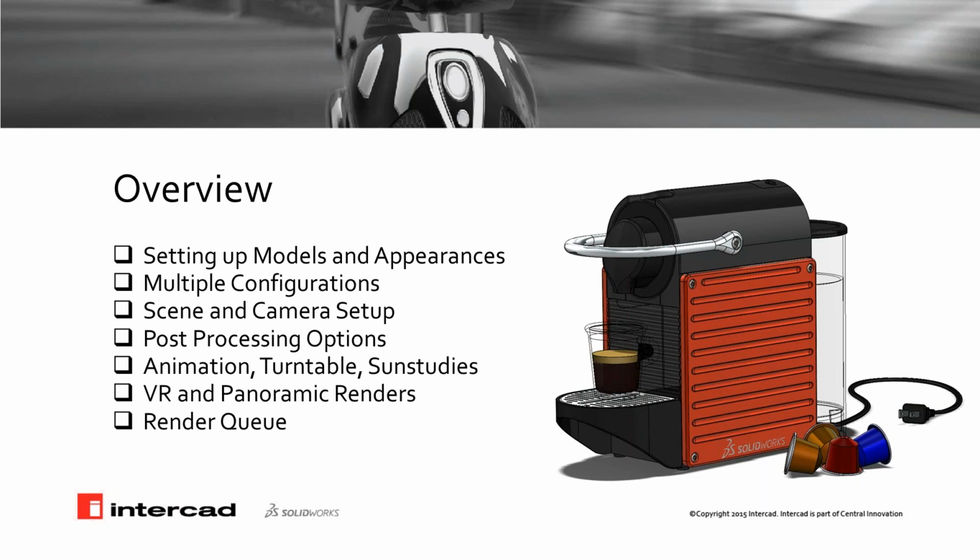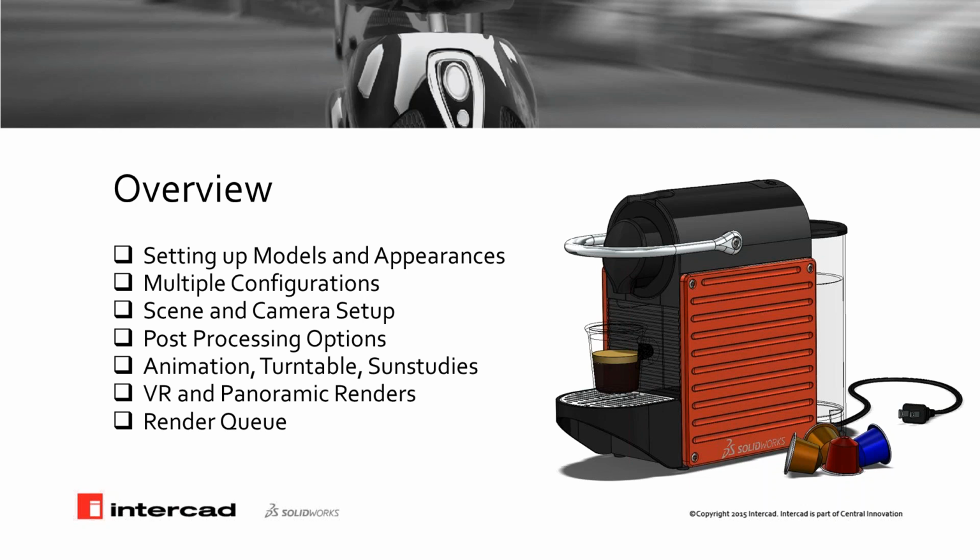How do we build in different appearances, different models, different looks, all in the same setup, and we can send those all out to be rendered together, so we can explore different options, a lot like SolidWorks configurations.